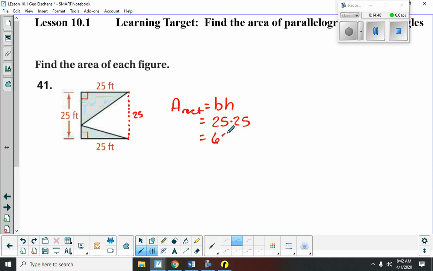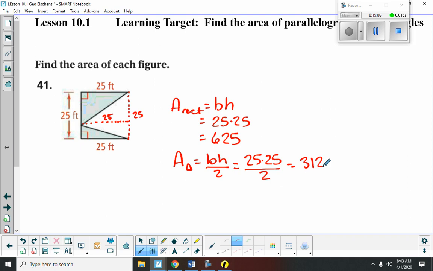Which is 625. Now, we know the perpendicular height of this triangle. That is also 25. So we can find the area of the triangle; the formula is base times height divided by 2. So that would be 25 times 25 divided by 2, which is 312.5.